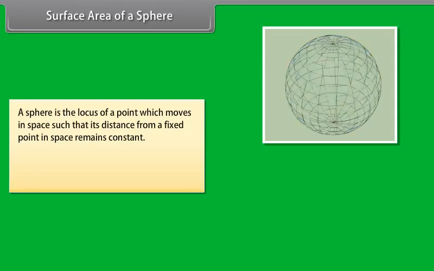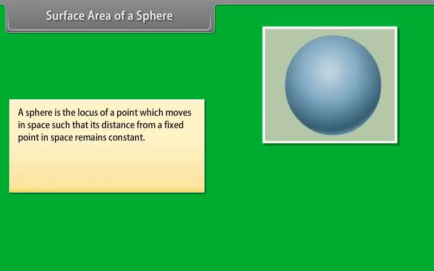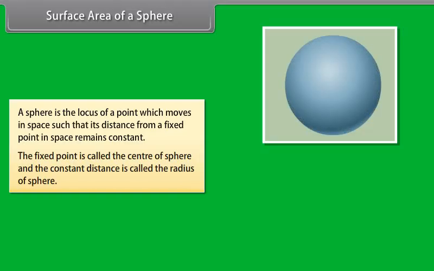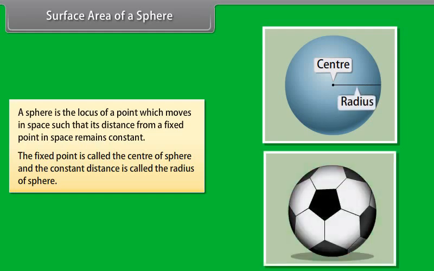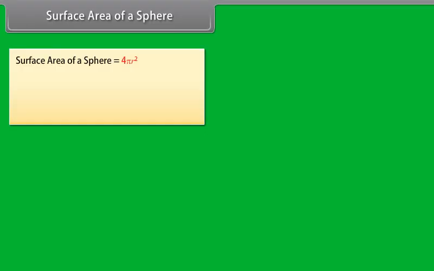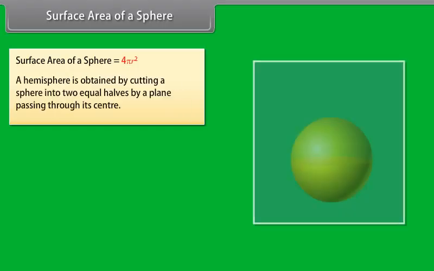Example: solve the surface area of a right circular cone for the given radius of 10 meter and slant height of 15 meter. Solution: the radius and slant height, which are 10 and 15 meter respectively, have been given. We have to find the surface area. We know that the surface area of a right circular cone is equal to pi r into L plus r.